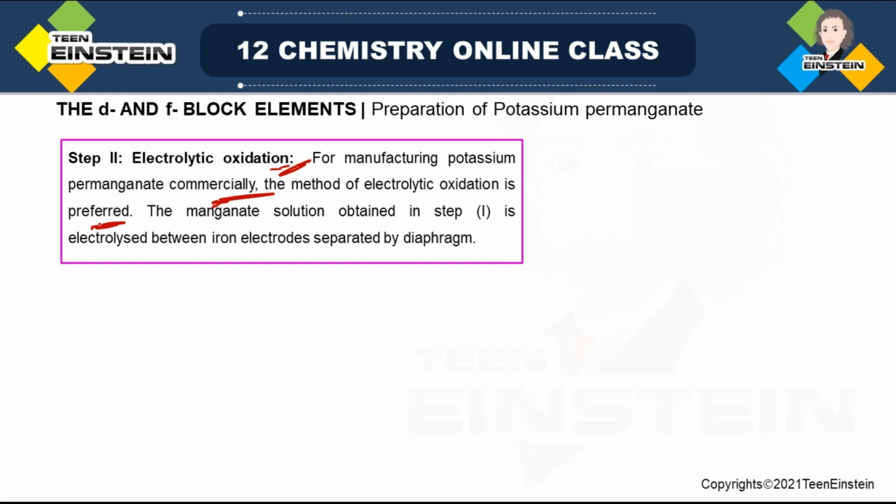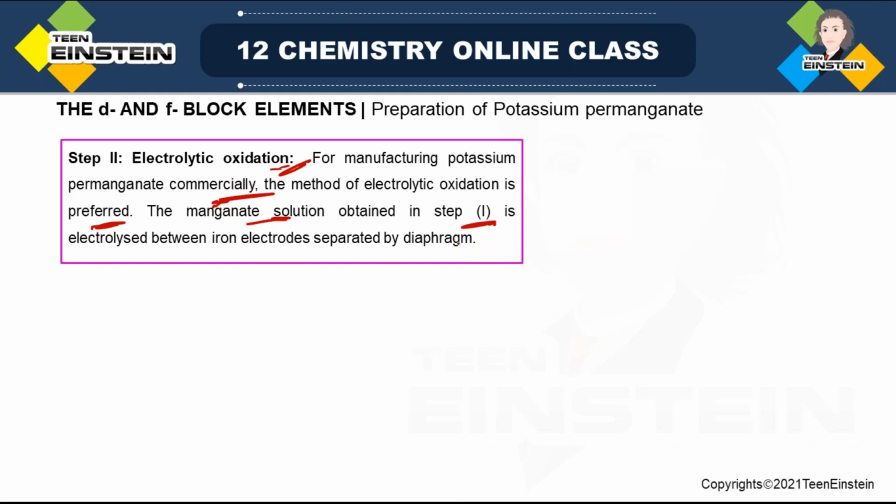Okay. So what we do in this case, the manganate solution, meaning the K2MnO4 solution that you have already obtained in step 1. Remember, in step 1 we have used some pyrolusite, that is the ore of manganese. We have used some oxidizing agent and fusion reagent, and by using all this we have already prepared K2MnO4 in step 1.